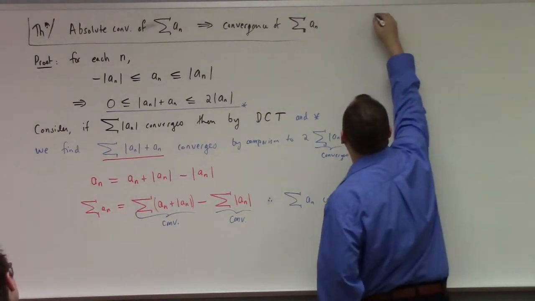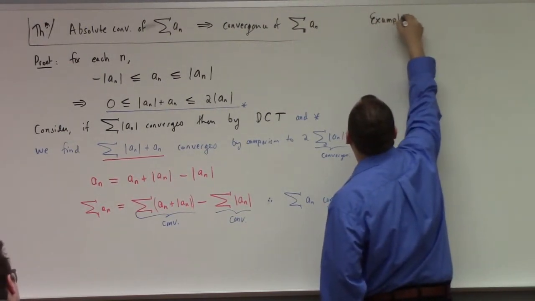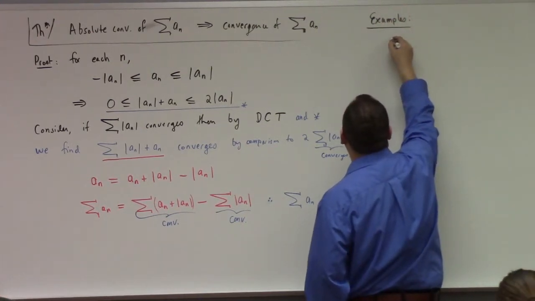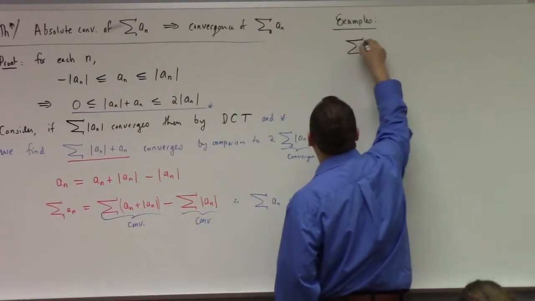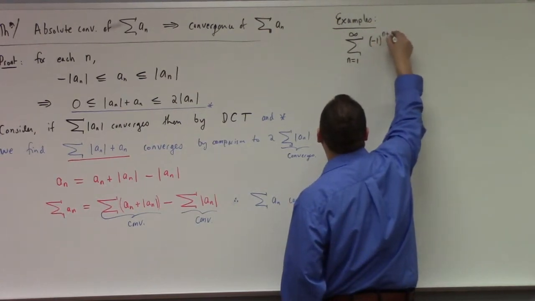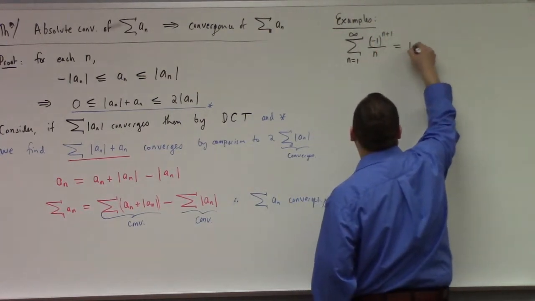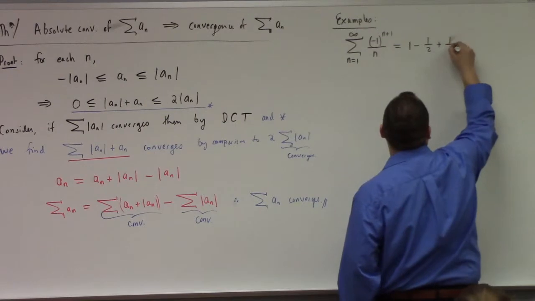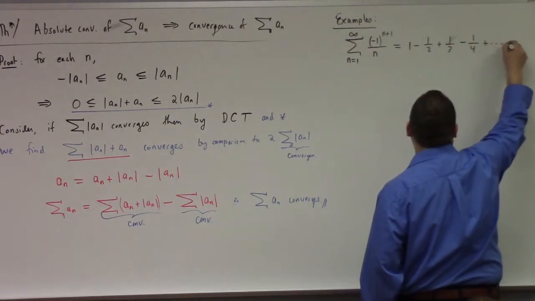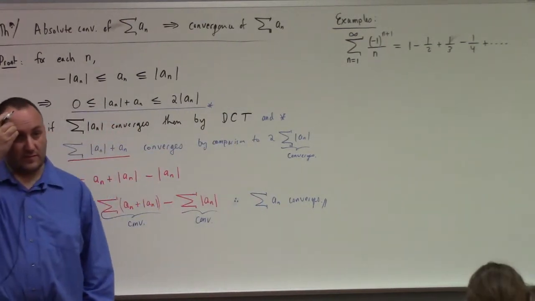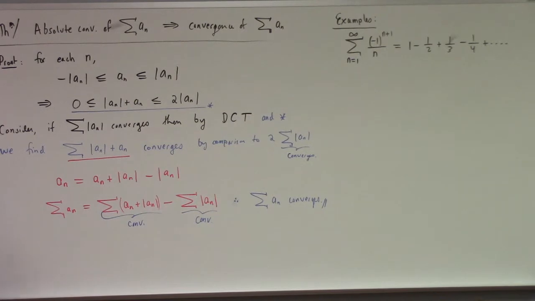So, a couple of examples. If we look at point number 1, the sum from n equals 1 to infinity of minus 1 to the n plus 1 over n, which is 1 minus a half plus a third minus a fourth plus dot, dot, dot. So this series is definitely not absolutely convergent, right?